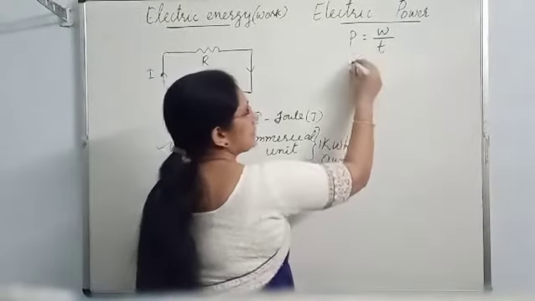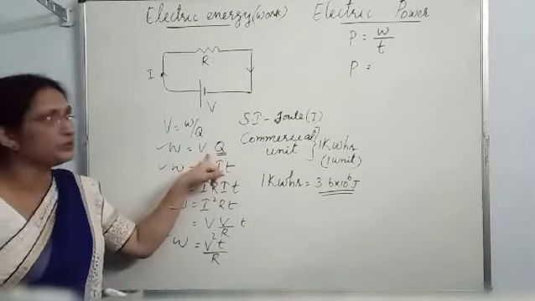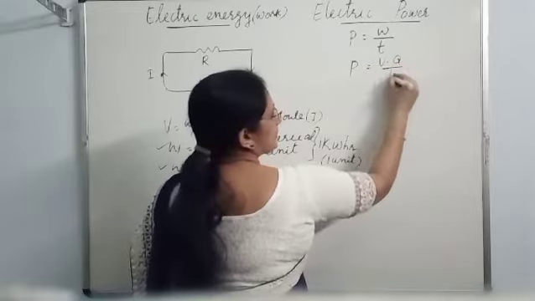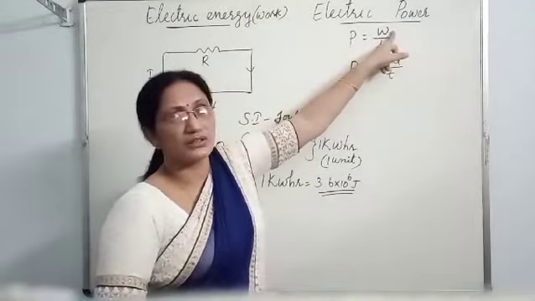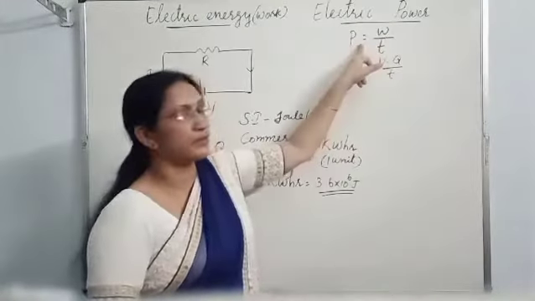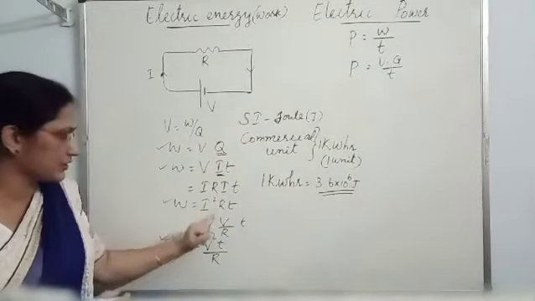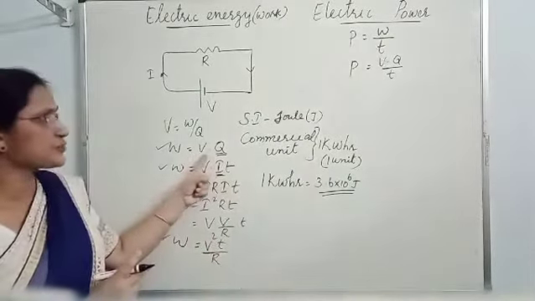You may substitute any of these formula here, then you will get different formula for power. For example, in the place of work, I am going to substitute this formula V into Q by T. W is the electric work upon time, that is power. In the place of work, you can substitute any one of these four equations. So first I am making this substitution.